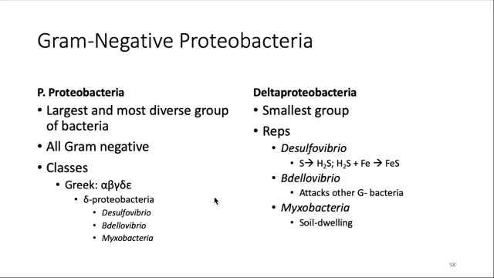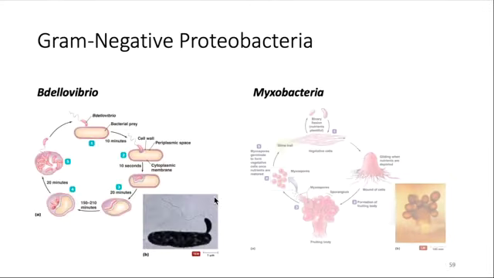And then you have myxobacteria, which typically dwells in the soil, but could also prey on other bacteria as well. So we'll look at their life cycles in brief. For Bdellovibrio, you have a Bdellovibrio bacterium that is attacking the bacteria here. So this is the prey, and that's the predator.